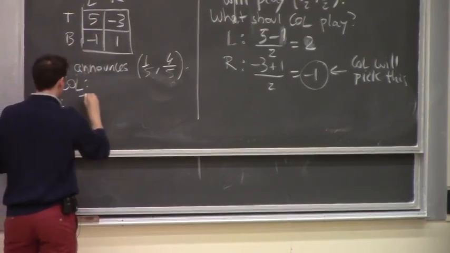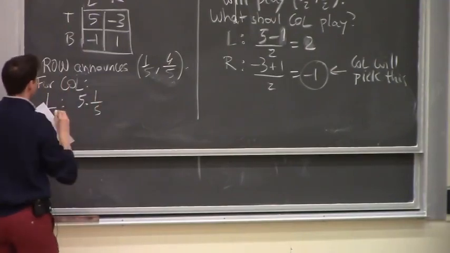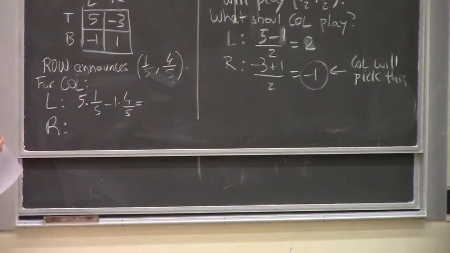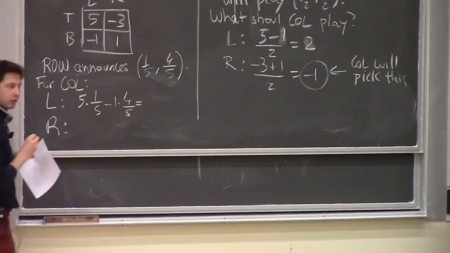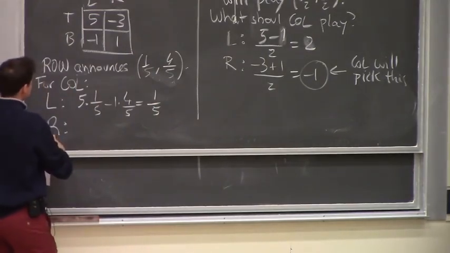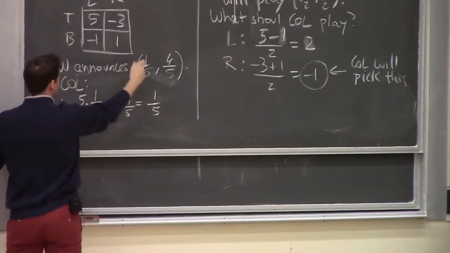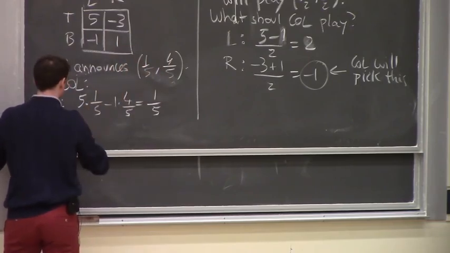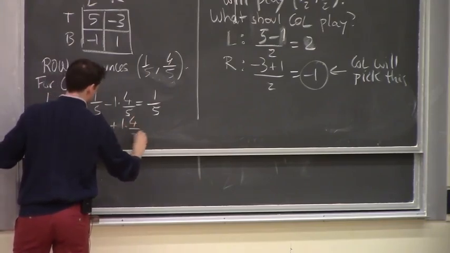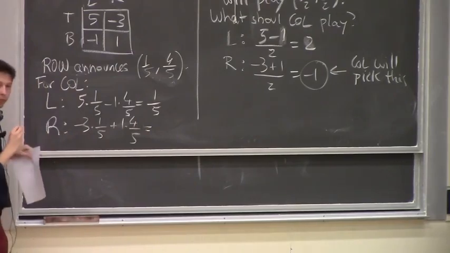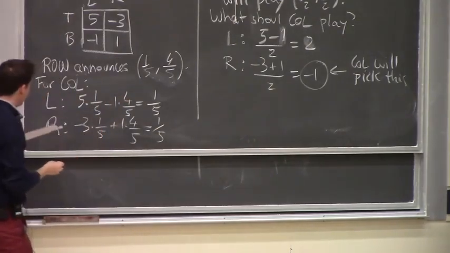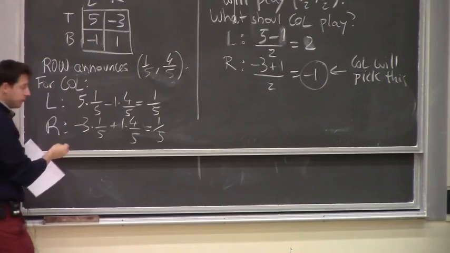So it is 5 times 1 over 5 minus 1 times 4 over 5. What is this equal to? 1 over 5, right? If he chooses right, it will be minus 3 with probability 1 over 5 and 1 with probability 4 over 5. What is this equal to? 1 over 5 also. So what will column play? It doesn't matter. He can pick either.